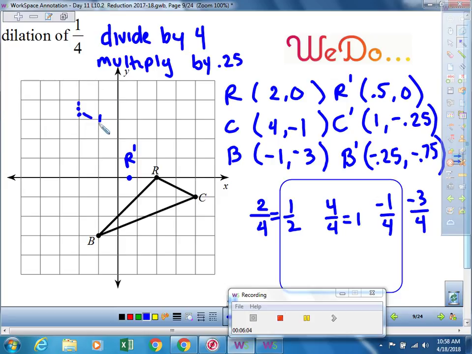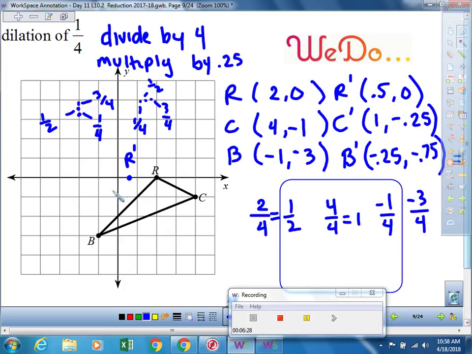This is 1/4, 1/2, and then 3/4. Okay, and then this way is like this. This is 1/4, 1/2, and 3/4. That's the location of those dots.